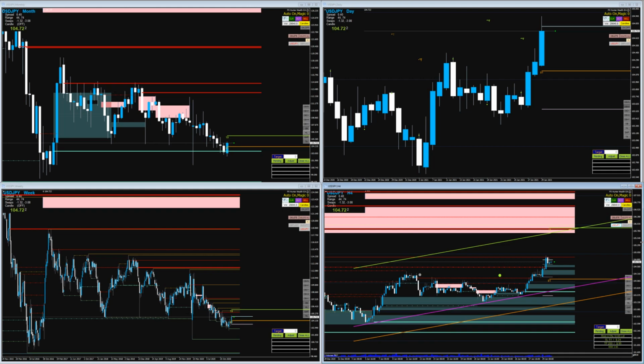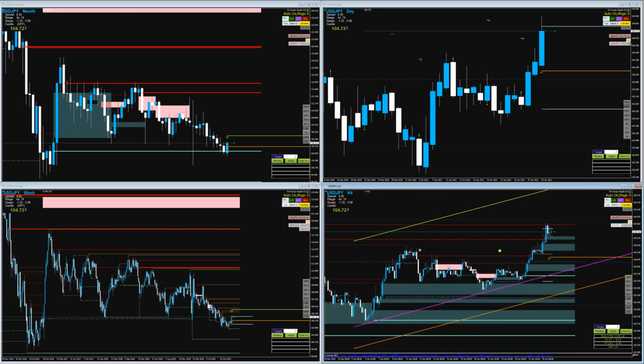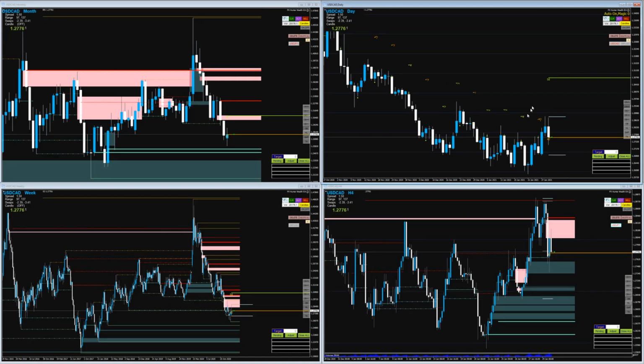I will definitely be looking for this long in here. Next one is a USD CAD, and as we said, this one is quite weak right now. Yes, so this one probably will be dropping because let's look here. We have seen that the banks have been bearish.